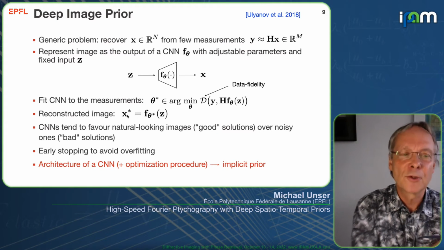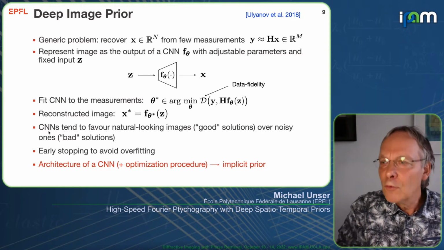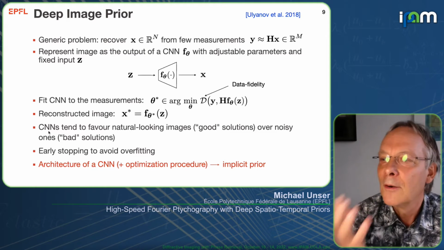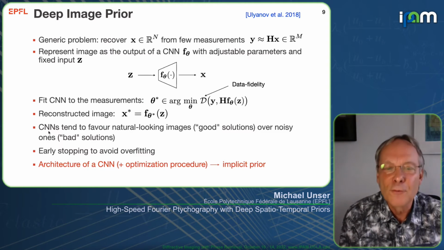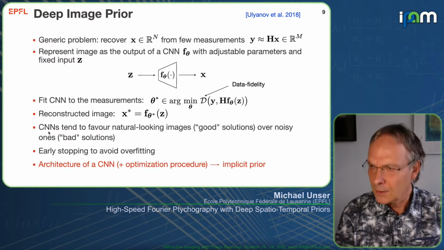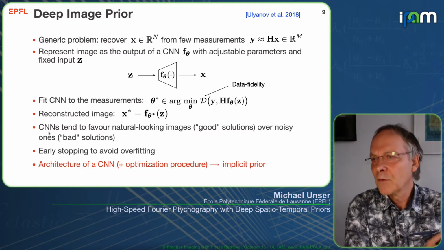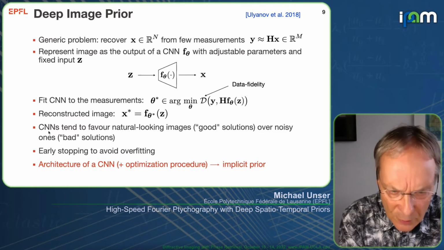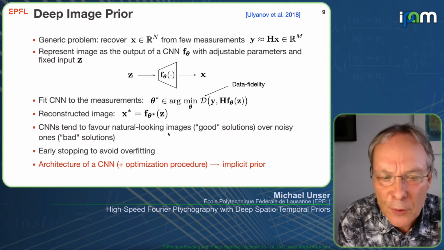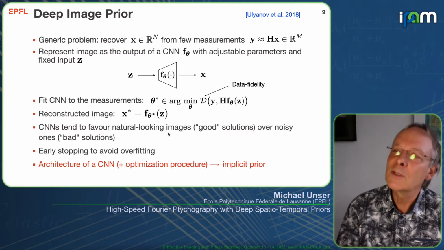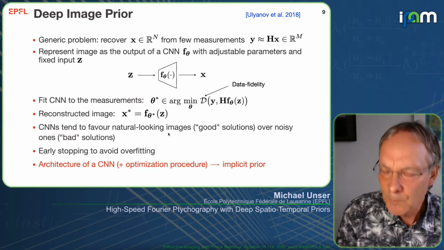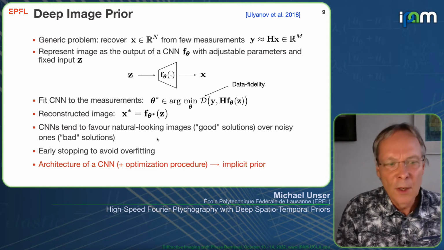It's actually not so well understood, but convolutional networks generate images that tend to be natural looking, and this is because of their architecture, which involves wavelet-like convolution operations. It tends to favor natural-looking images over noisy images, which would be the output of an ill-posed inverse problem.